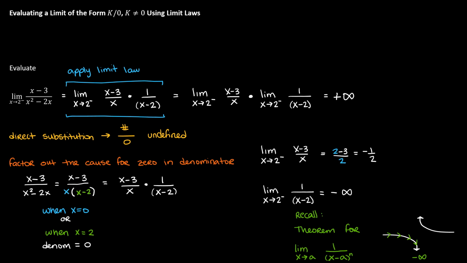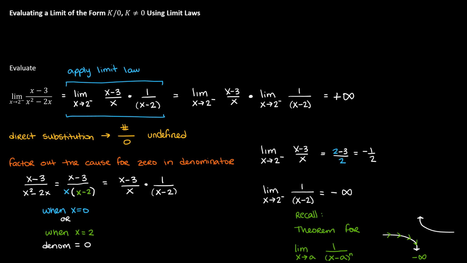Now, we could see various versions of this same type of problem. Maybe instead of our limit approaching 2 from the left, it was approaching from the right. That would change things a little bit, because when it comes down to evaluating that limit using the theorem for functions that have vertical asymptotes, instead of coming from the left, we'd imagine coming from the right.